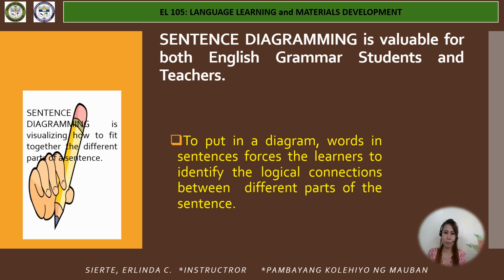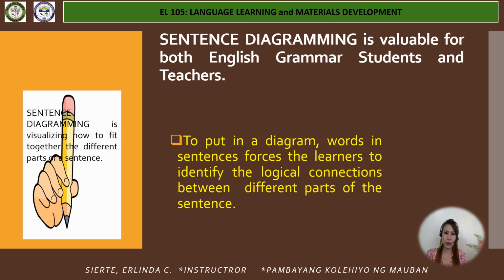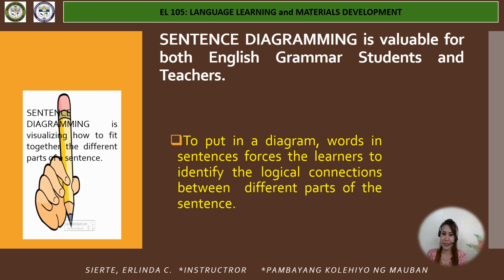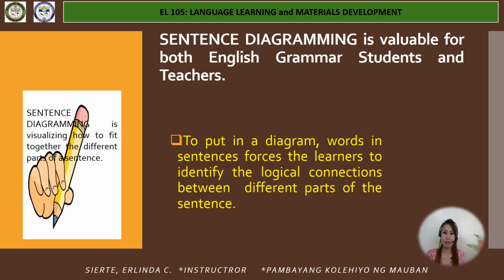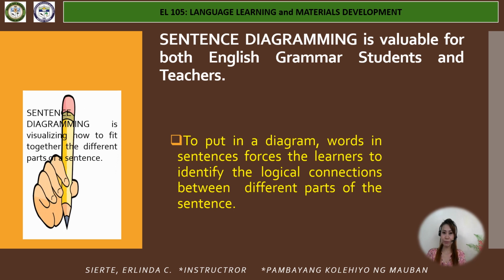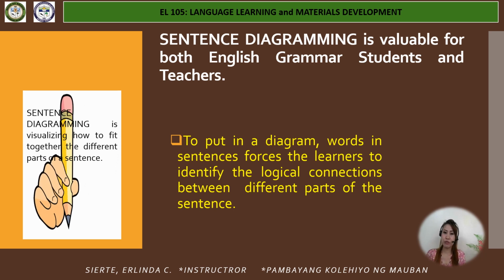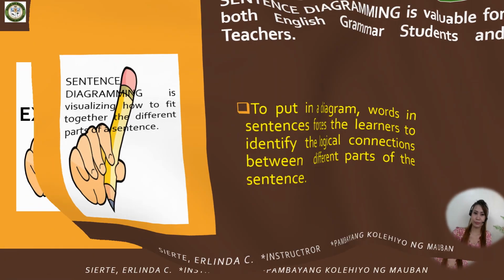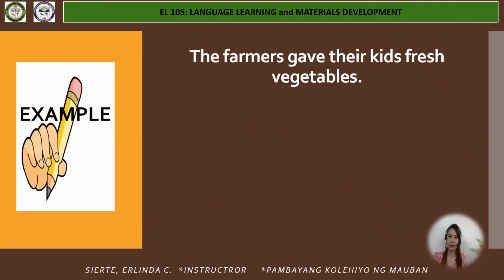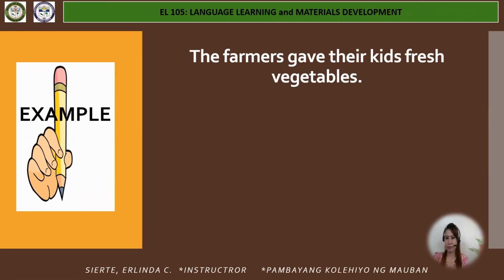Well, sentence diagramming is visualizing how the different parts of a sentence fit together. The subject of a clause goes in one slot only, while the verb goes in another, and so on. Words that modify another word are attached to the word they modify. There are given examples here.